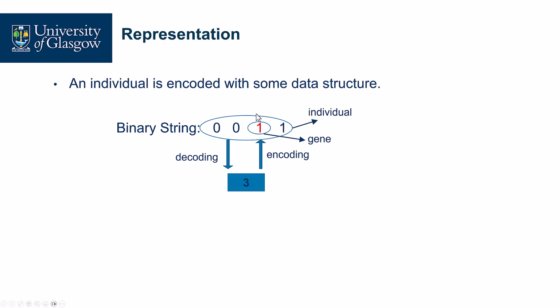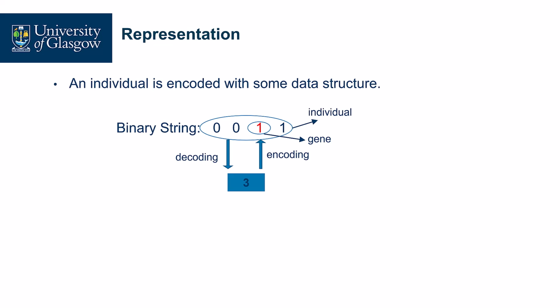Altogether, this binary string we call an individual. This is a solution, and each element of it we call a gene. This binary string we can decode into 3, and 3 can be encoded into the binary string. So this is using the binary string structure.